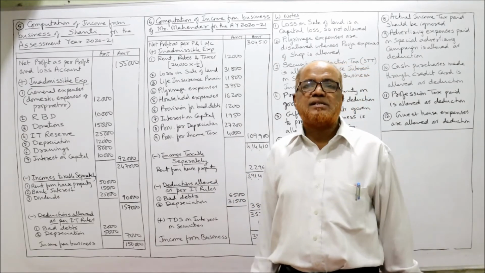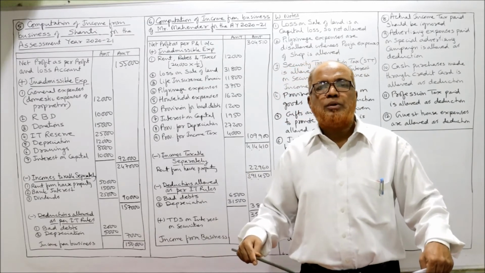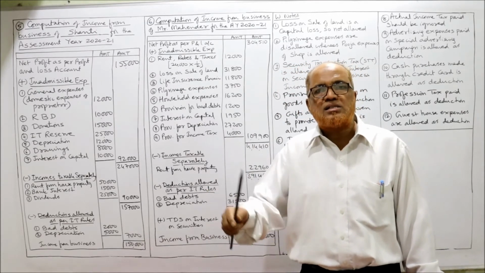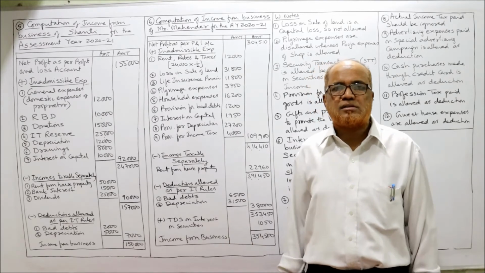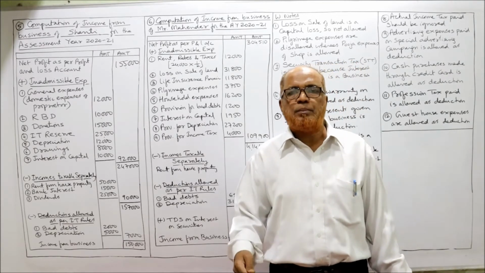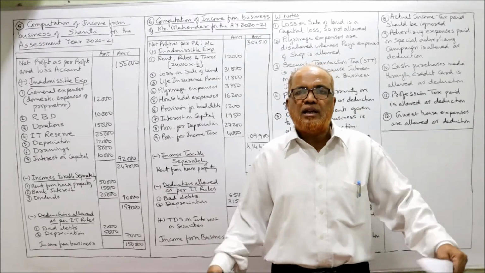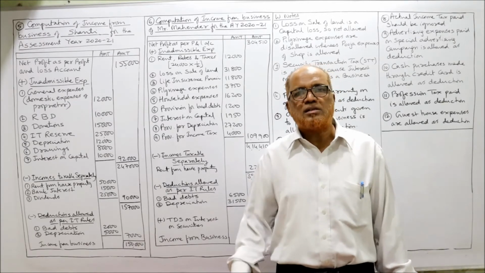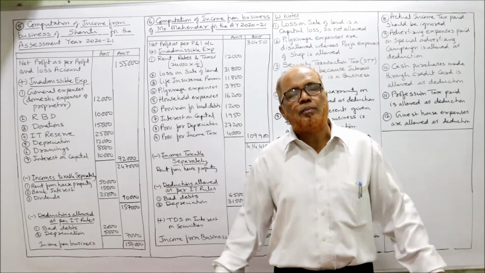Next, gifts and presents. We assume that gifts and presents are given by the business to the customers to promote the business. Normally, many business people give gifts like New Year gifts or festival gifts to the customers. Why is the gift given? To promote the business.